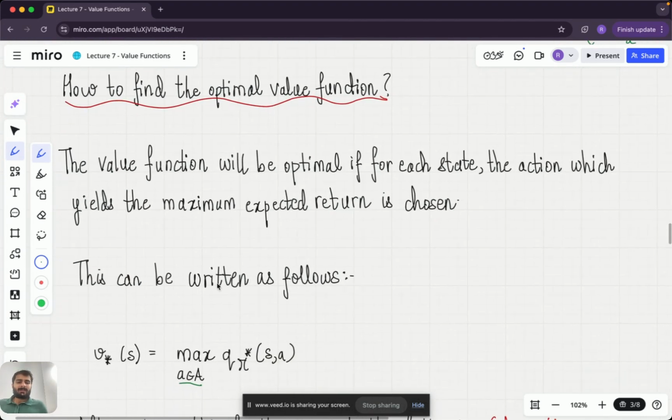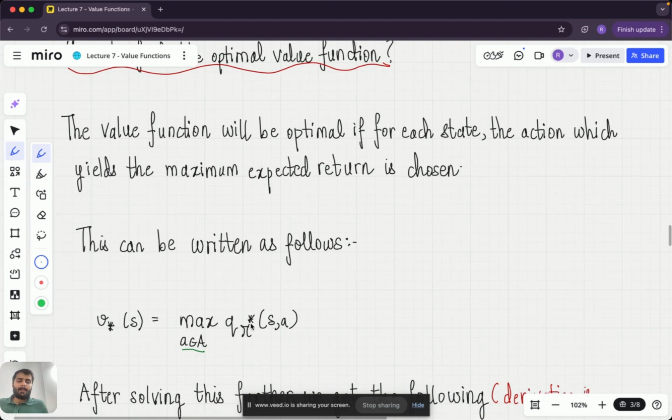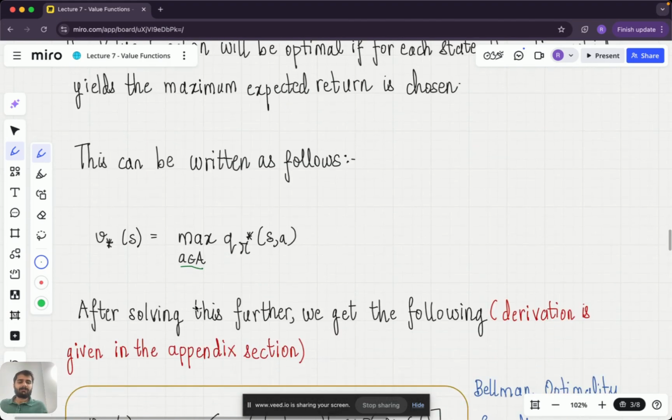We are trying to find actions which maximize the action value function, which means you are finding a policy which is maximizing your action value function, which in turn means that you are finding a policy which also maximizes your state value function. And after we expand this equation, we get the following equation.